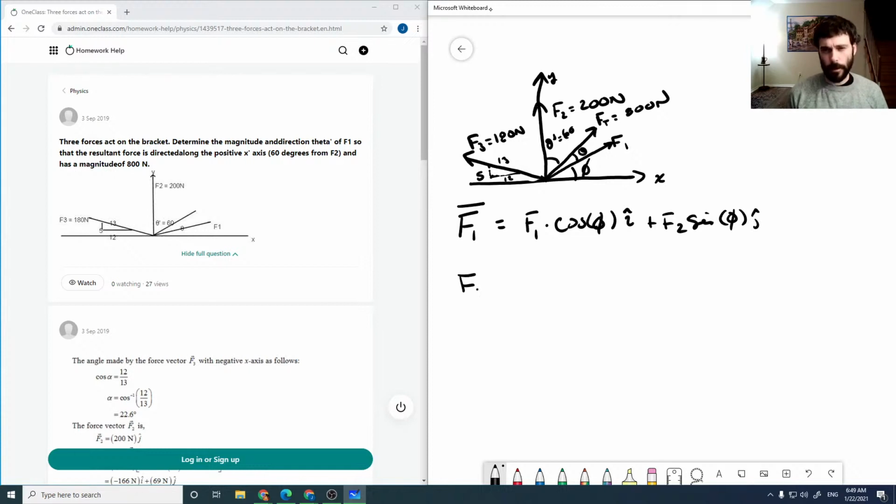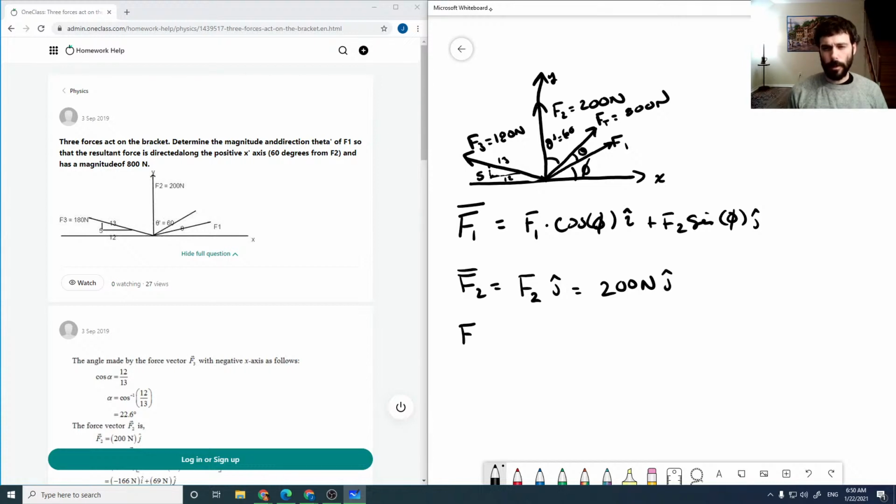My F2 force is straight up, so it's just my F2 j hat. So that comes to 200 newtons times j hat.